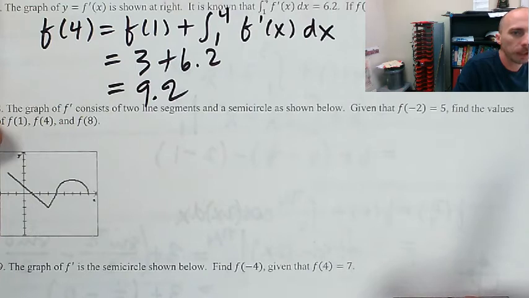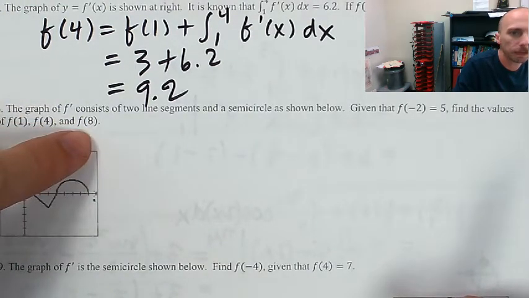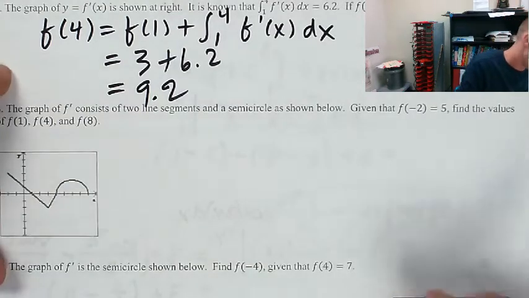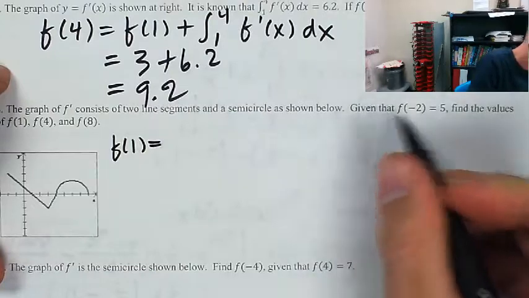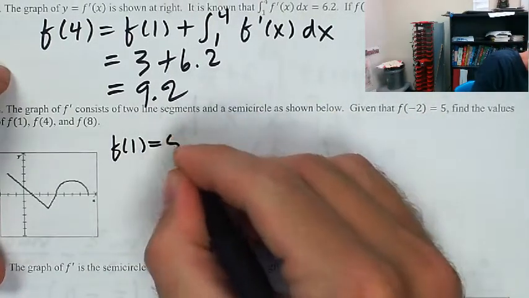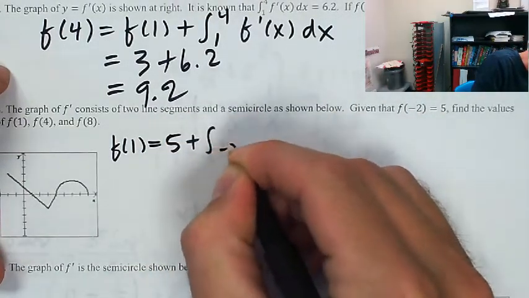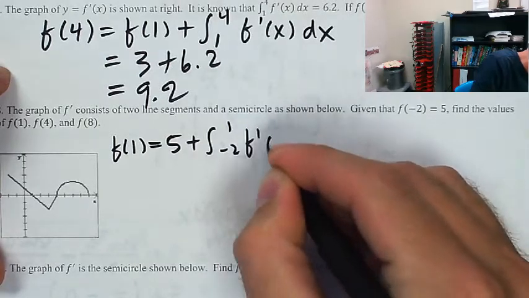Okay. The graph of f prime consists of 2 line segments and a semicircle as shown below. Given that f of negative 2 equals 5, find the values of f of 1, f of 4, and f of 8. All right. f of 1 is going to be f of negative 2 plus the integral from negative 2 to 1 of f prime.